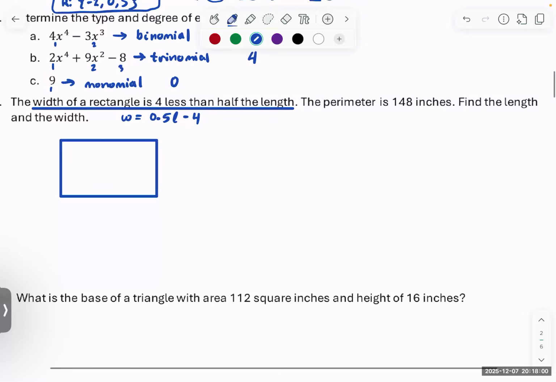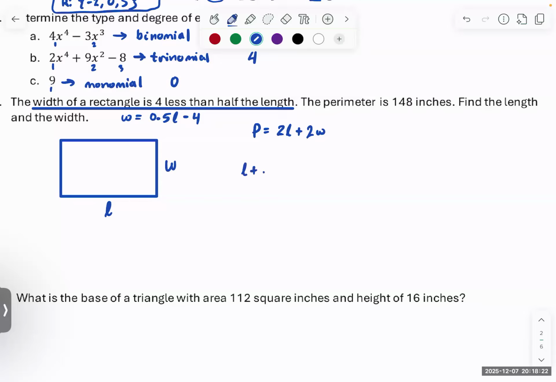So we have length and width, right? And the area of a rectangle is equal to length times width. Oh, wait, no, hold on. Perimeter. P equals 2 of the lengths plus 2 of the widths. So we have L plus L plus width plus width, which is equal to L plus L, and then replace the W's with the expression.